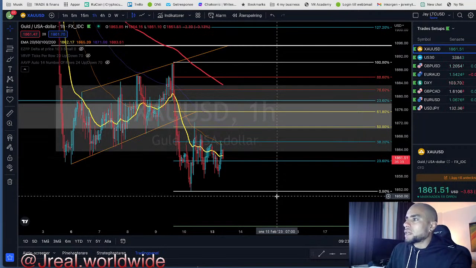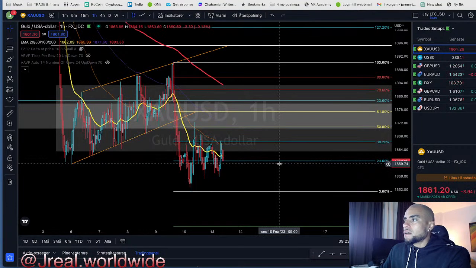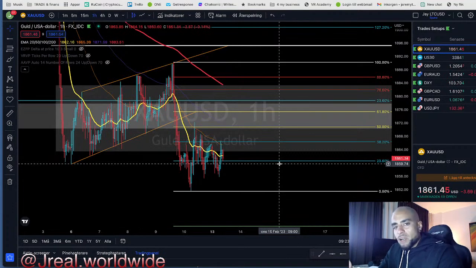Let's put it like this. You have different lot sizes. You have a micro lot size that is 0.01. Now 0.01 lot size is 10 cent per pip.